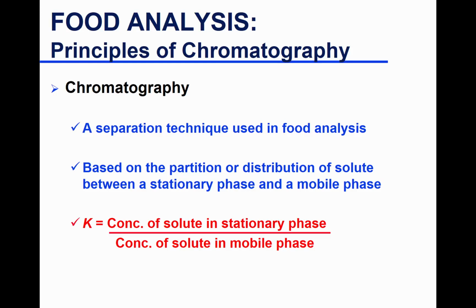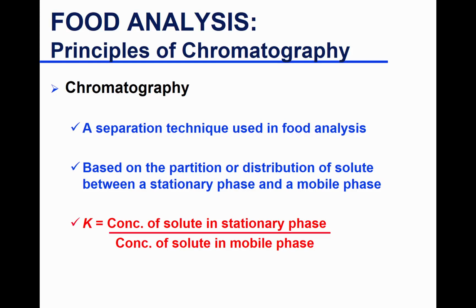We already said it's a separation technique, and it's based on partitioning or distribution. If you hear the word partitioning, that means both stationary phase and mobile phase are liquid, both of them. Distribution, your stationary phase could be solid. So it's distributing between a solid stationary phase and your moving or mobile phase.